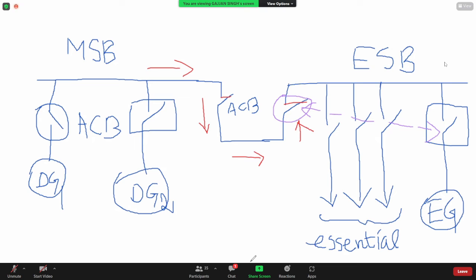And in case of DG1 failure, DG2 must run, DG2 failure, DG3 must run. DG3 failure, the emergency generator must get onto the load within 45 seconds. It's a rule, okay? So if the emergency generator, that is EG, is running, the main switchboard should not be fed back, because the main switchboard has many devices connected. The emergency generator is smaller in size.